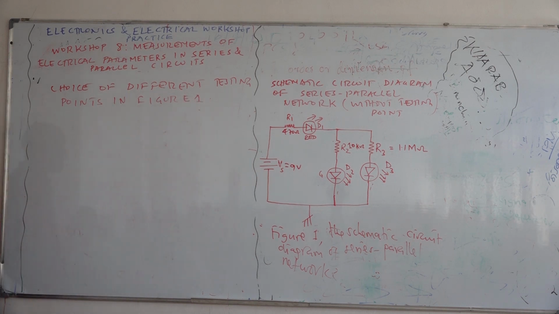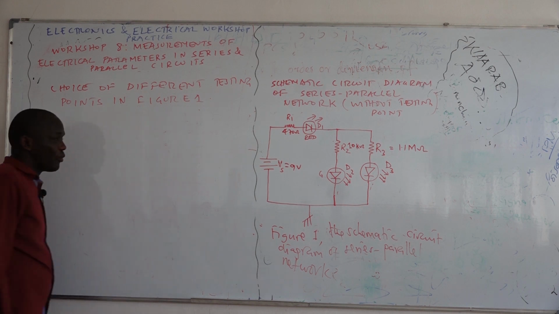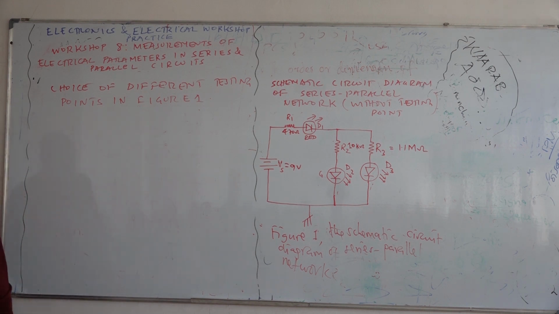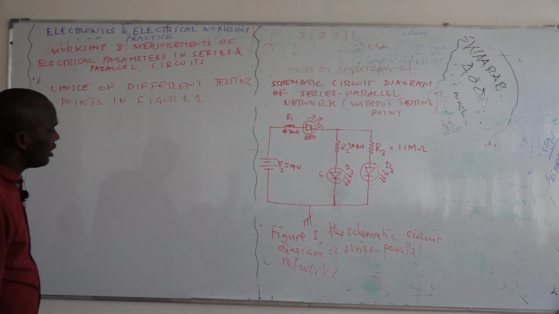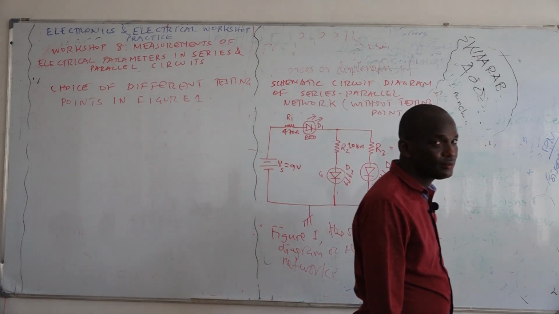Okay, so now stop writing. So we are going to choose the testing points. And in those testing points, we are going to use measuring instruments to do the measurements.